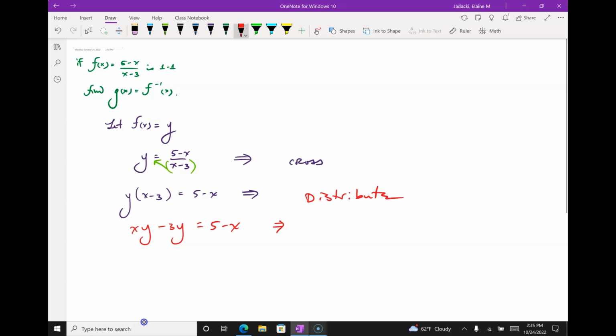Now I want to isolate. I want all my x terms on one side, and try to minimize the number of negative signs. So I want to move that x, so plus x, and then I want to move the 3y. Notice when I move a term from one side to the next, it changes signs.